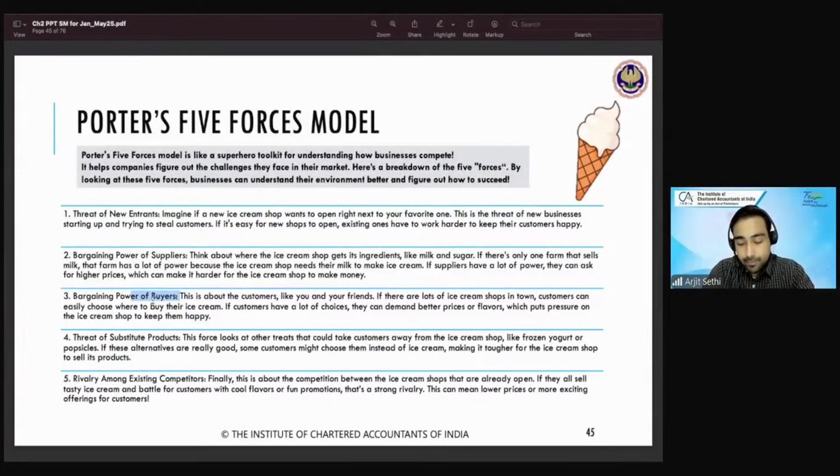Name a company which makes airplanes: Boeing, Airbus. Two companies only. Either it's a Boeing 737 or 777 if you travel, or you would see an Airbus A320 or something. This is where the bargaining power of the supplier is there.